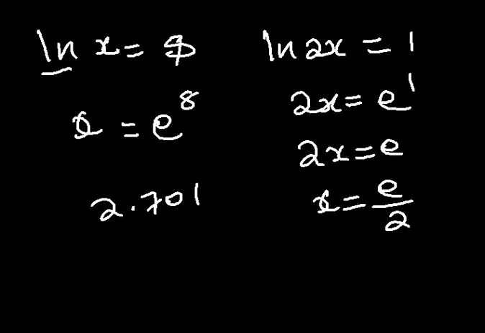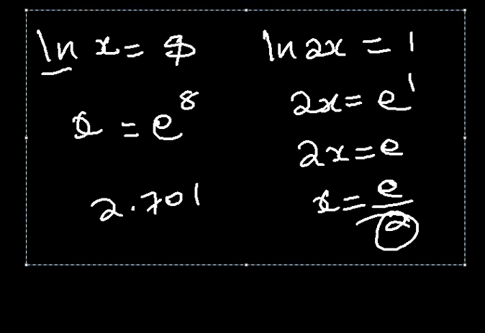But in case you are allowed to use a calculator, then you may take the value of e, which is 2.7, and divide by 2, and you have the answer in decimal form, which can be about 2 or 3 decimal places, based on the nature of the question or the solution.